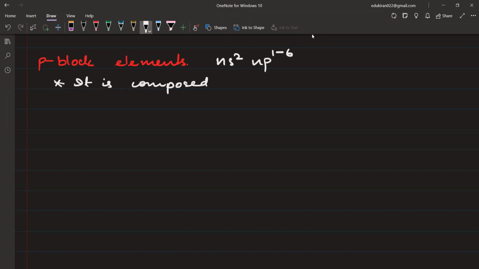So you'll have np from 1 to 6. This will be the outermost electronic configuration. Next, it is composed of 6 groups, because we are filling 6 electrons. ns2 will always be there. It is composed of 6 groups.